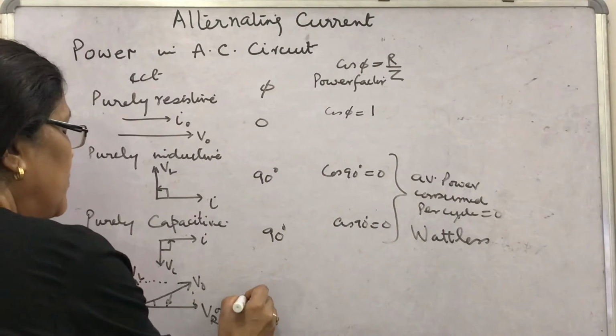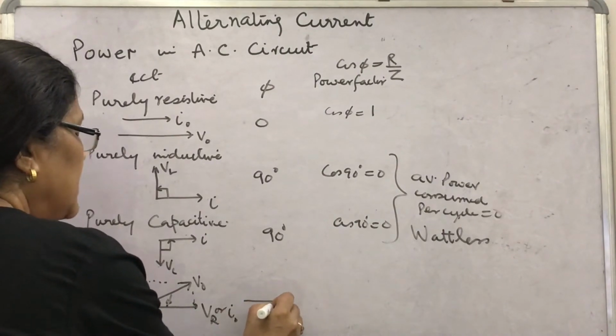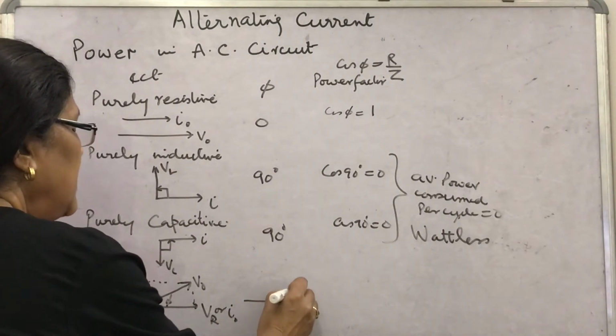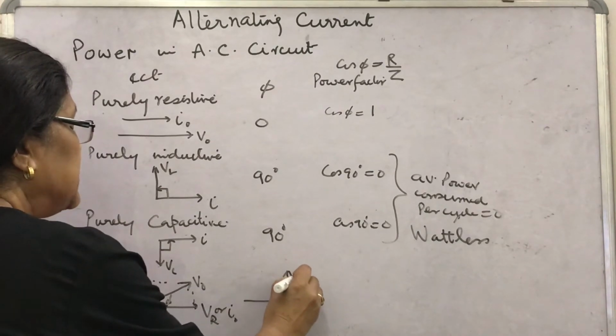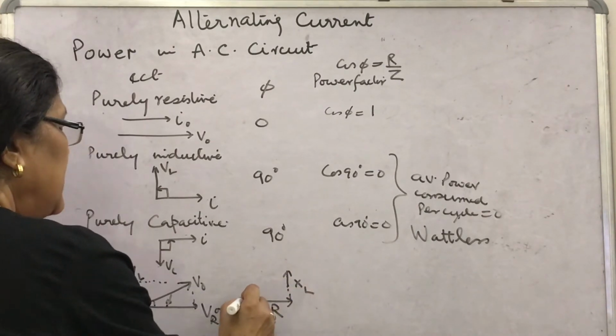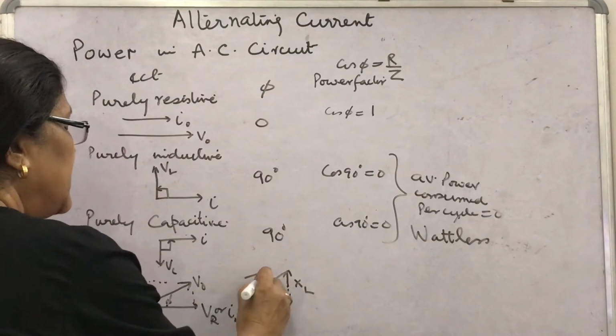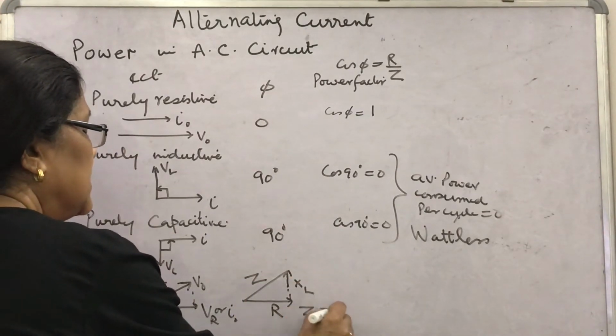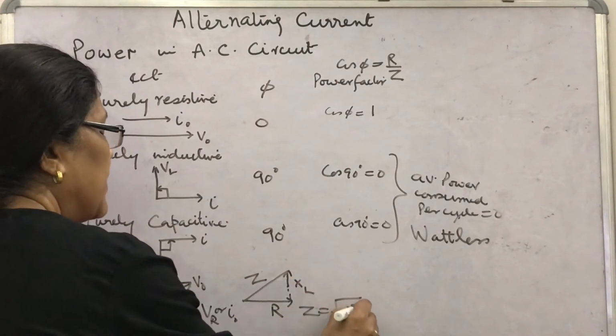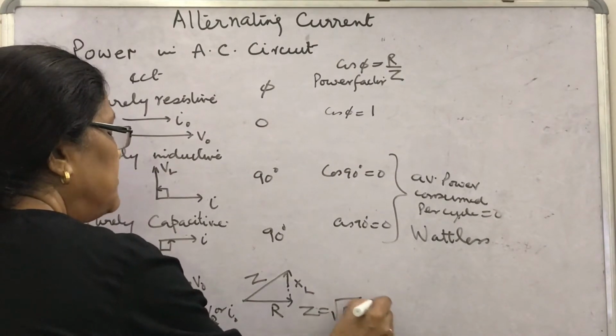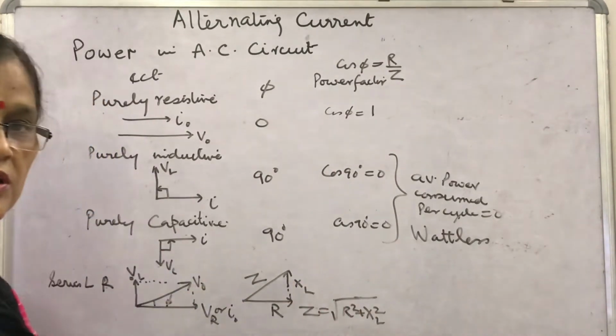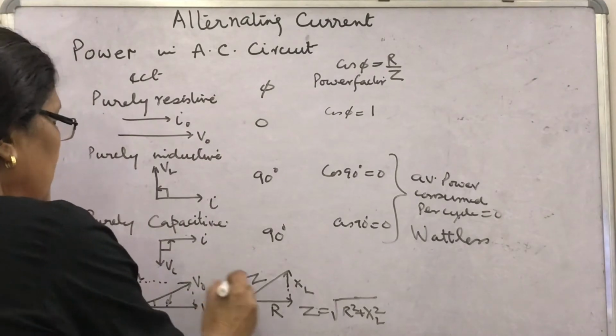In the impedance diagram, what do we observe? That this is R and this is XL, the inductive part, and this is Z. You know what Z is? Z is under root R square plus XL square. We all have seen this in the previous videos. Then what is phi here?